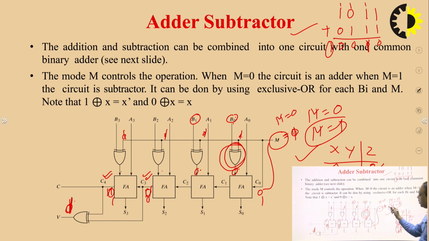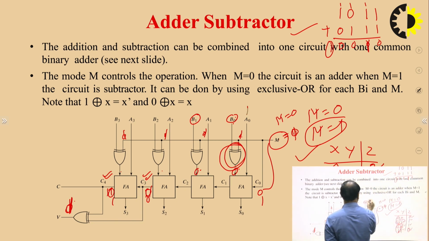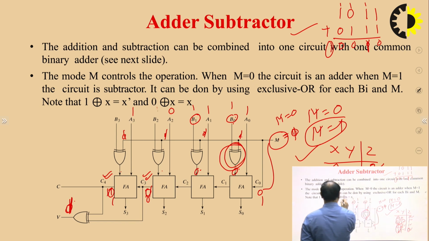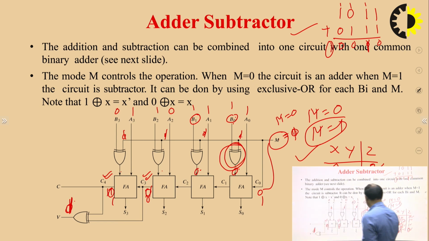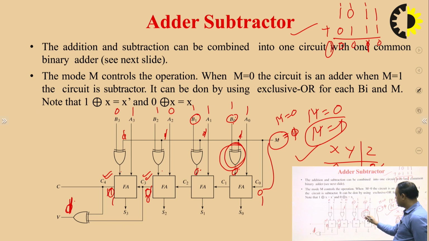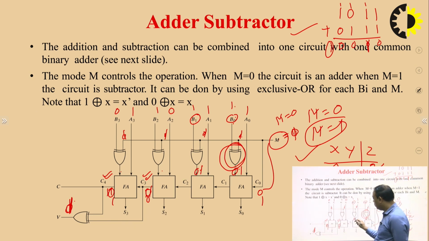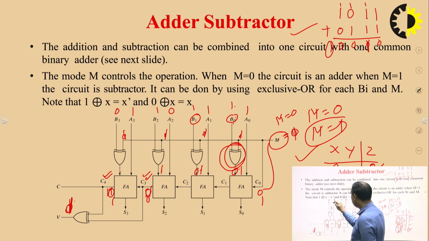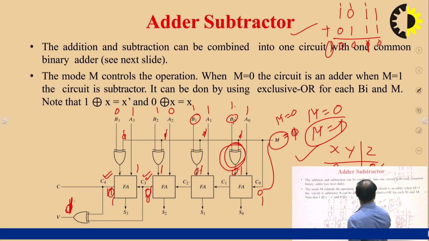So for M equal to 0, if we provide A equal to 1 1 0 1 and B 1 1 1 0, due to the property of this XOR gate, the same 1 is repeated over here, over here, over here and over here, 1 1 and 0 over here.